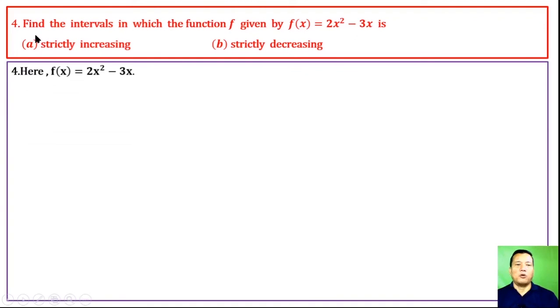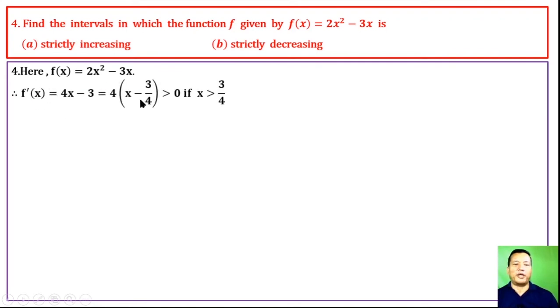Question number 4. Find the intervals in which the function f given by f of x equal to twice x square minus thrice x is strictly increasing, strictly decreasing. F haiba piba function asibu strictly increasing oiba intervals putu, strictly decreasing oiba intervals putu. Here f of x is twice x square minus thrice x, whose derivative is 4x minus 3.